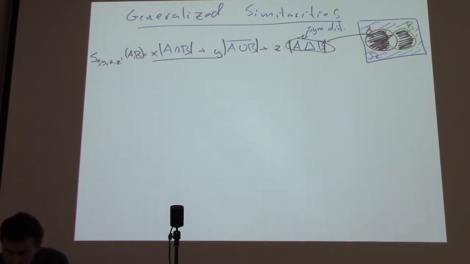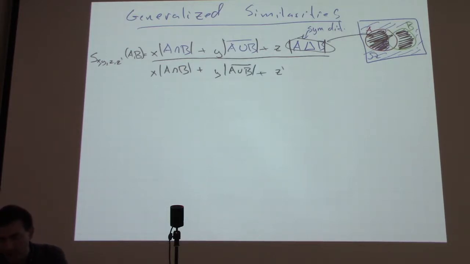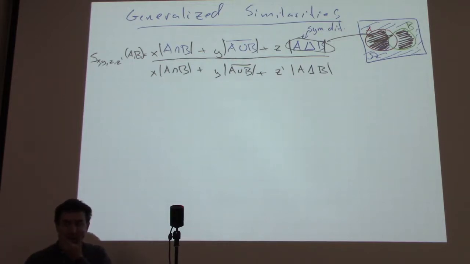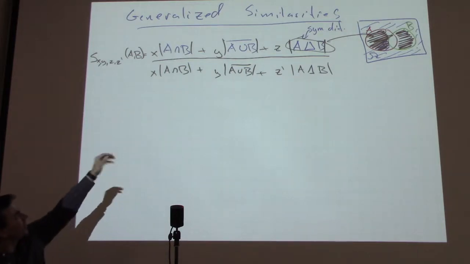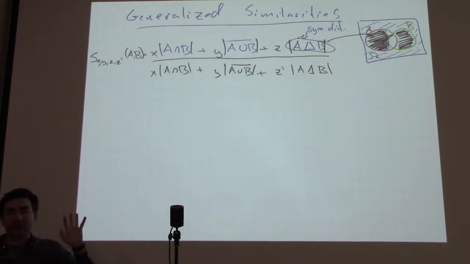Then I divide this by x times the cardinality of A intersection B, plus y times the cardinality of the complement of A union B, plus z prime, a different parameter than z, times the symmetric difference of A and B. It looks complex, but this defines a fairly general class.